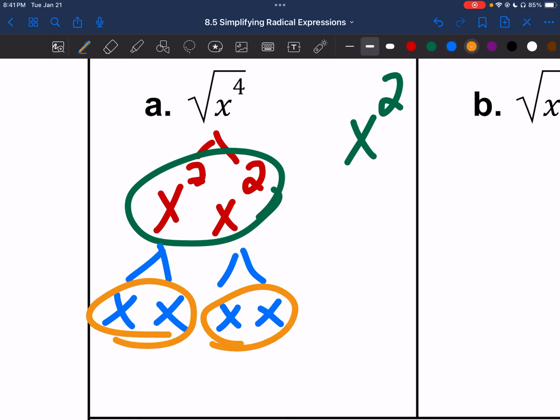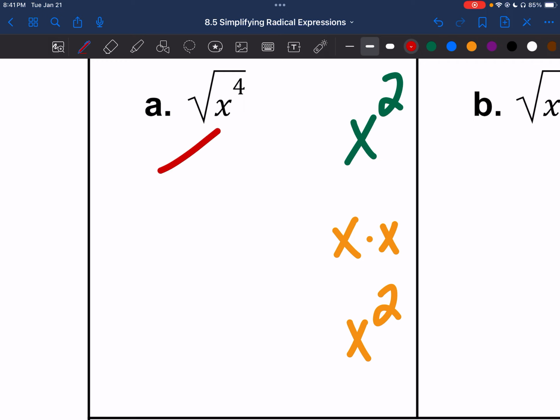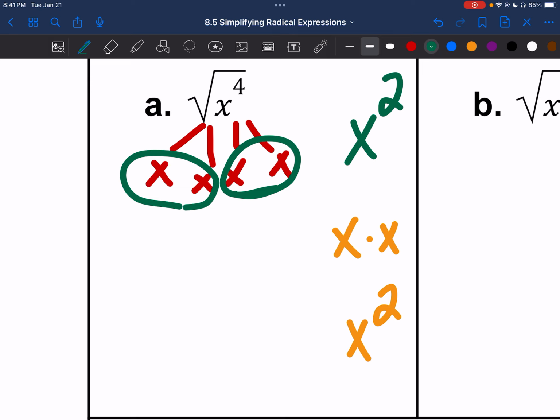Instead of going into groups of 2, you could just break it out into x to the 4th is x times x times x times x. And again, you're getting a group of 2 x's and a group of 2 x's. So it'll be x times x, which is x squared. So that's multiple different avenues you can take with these variables.